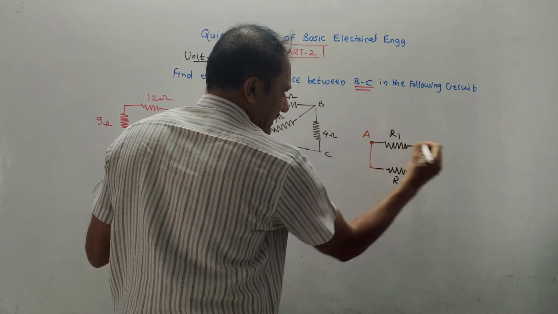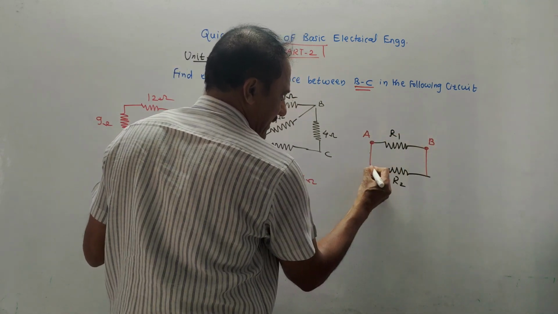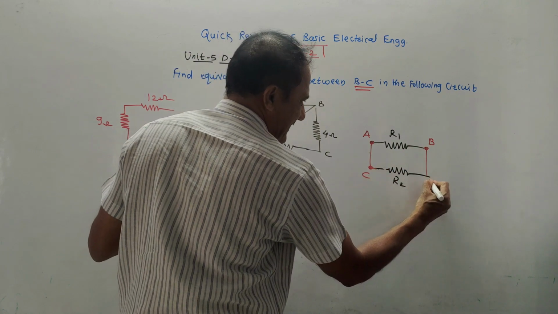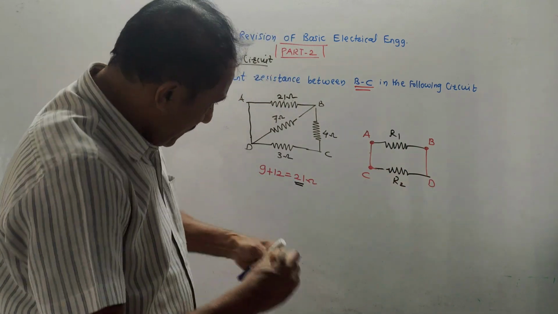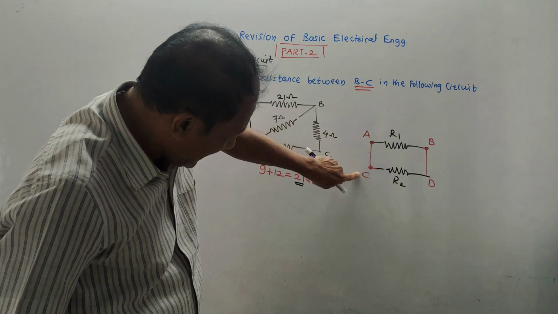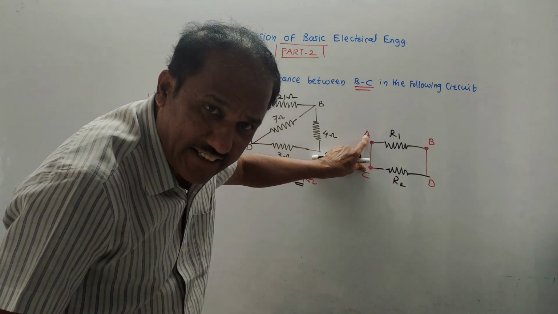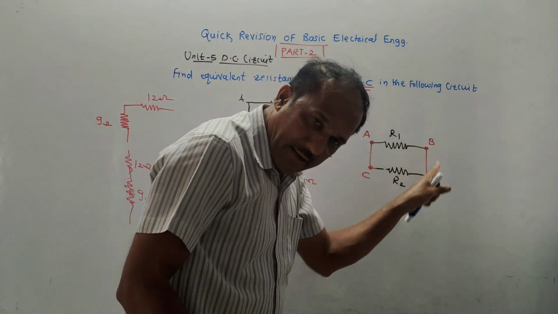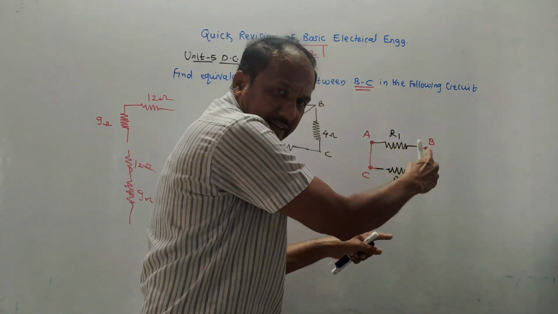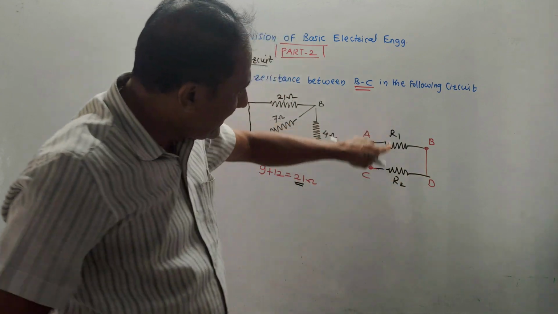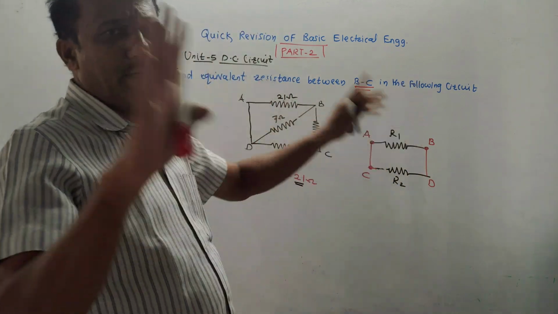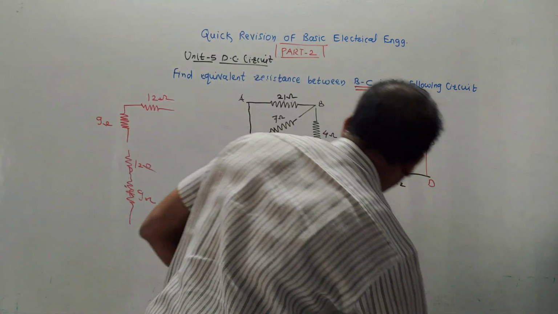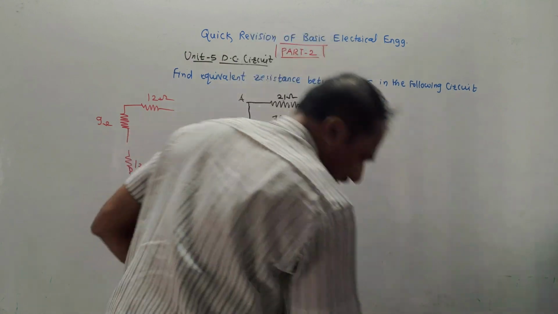R1 has one terminal A, second terminal B. R2 has one terminal C, second terminal D. If the first terminals, A and C, are directly connected, there is nothing in between, as well as the ending terminals B and D are also directly connected, nothing in between them, then these two resistors are said to be in parallel.